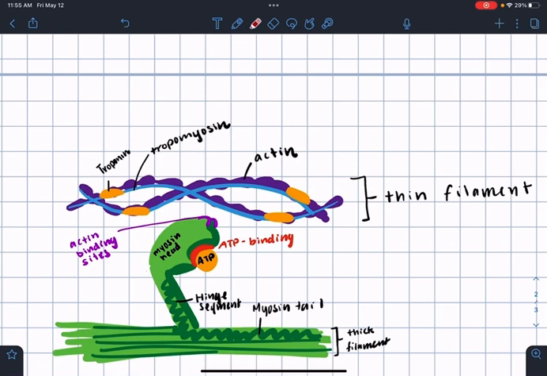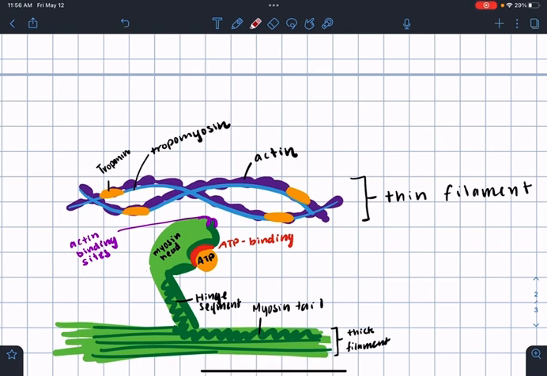So first, ATP is bound in order to allow this process to occur, because it takes a lot of energy. And also we have an actin binding site, which is what we want to attach to the actin, but at this point it is covered by tropomyosin, and the troponin is the thing that will make it move.